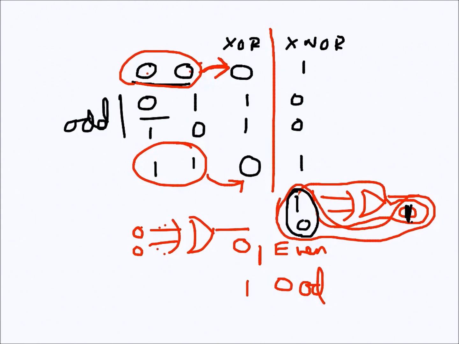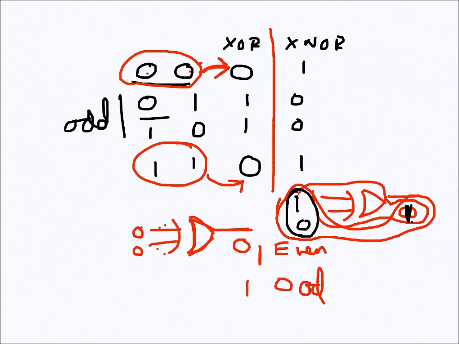There are 2 things to notice with these gates, and similarly with the XNOR gate, but it's just the opposite. If we look at just one of the gates, XOR, these 2 characteristics can be used later, which I will do in another video, for the error detection method. So in the transmission of digital data with the parity bit, this XOR gate can be used, and this is how the parity is defined.